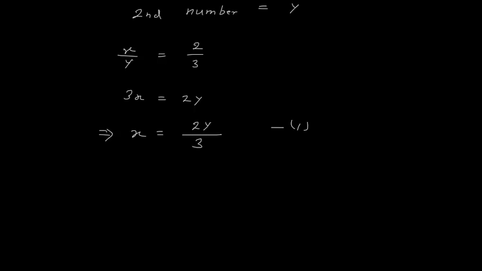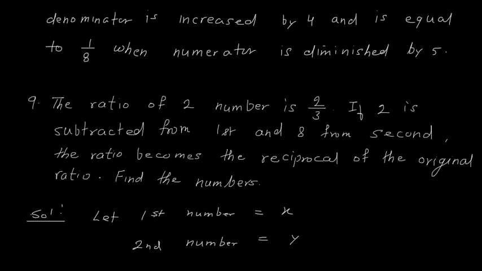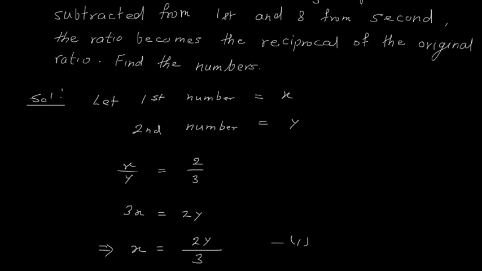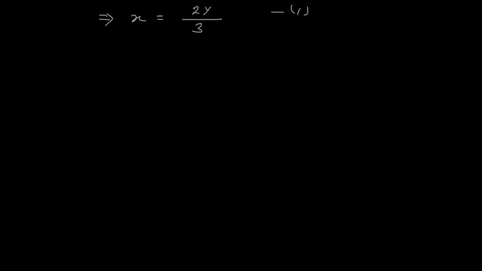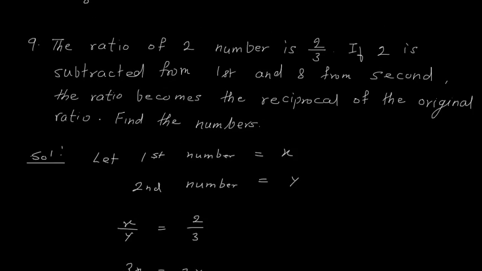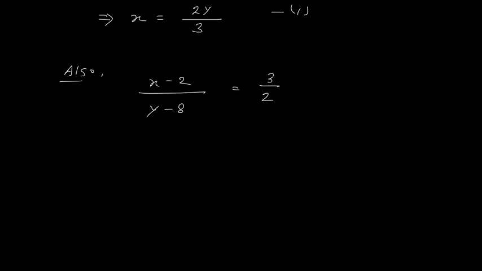Now next, what they have done: if 2 is subtracted from the first and 8 from the second, my ratio becomes the reciprocal of the original ratio. So 2 upon 3 will become 3 upon 2.